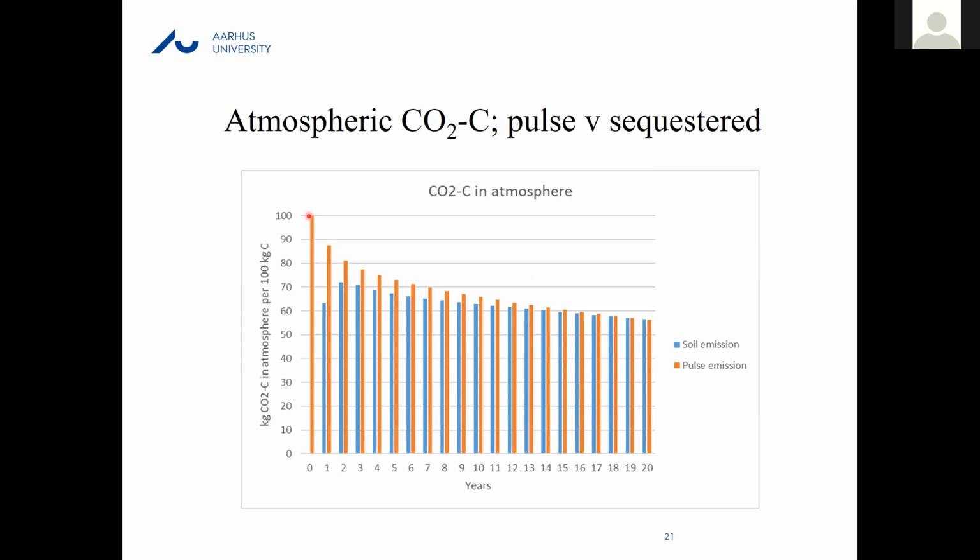With the pulse emission, the amount of CO2 in the atmosphere falls over time as it's depleted by the mechanisms we outlined earlier. With the sequestered carbon, the amount initially rises as the carbon in the soil is mineralized and emitted from the soil, but then it falls as the rate of emission falls below the rate of depletion.